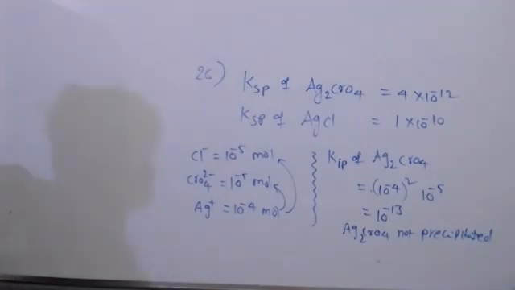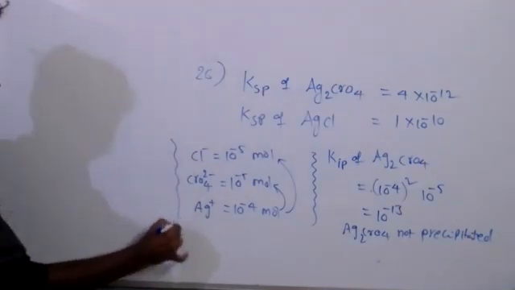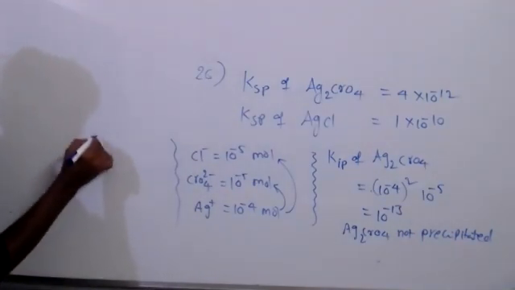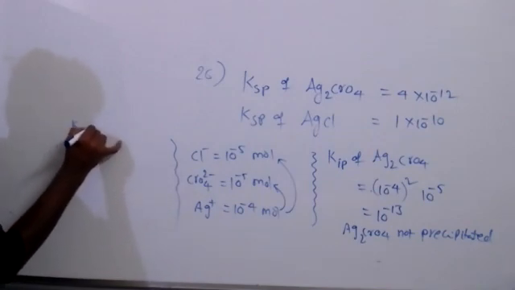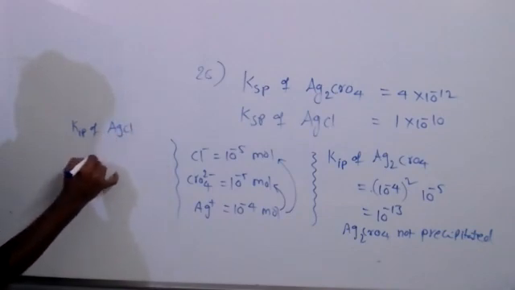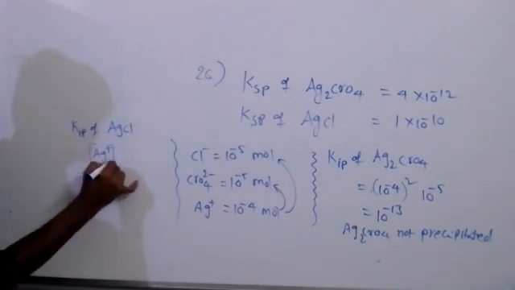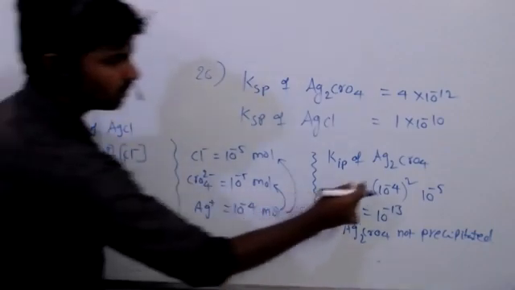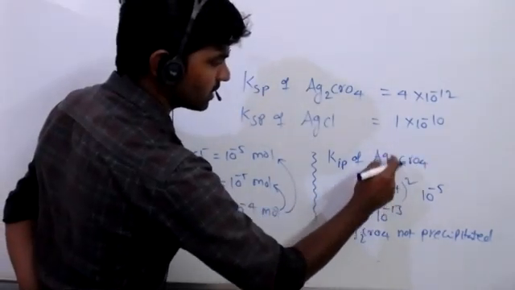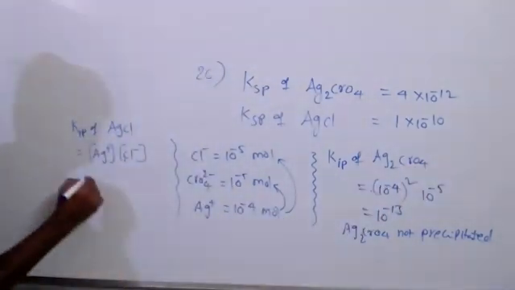Let's calculate AgCl. The AgCl ionic product is Ag plus concentration into Cl minus concentration. But for chromate we took Ag plus squared and the CrO4 concentration.